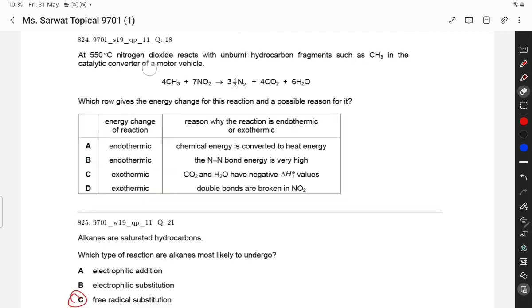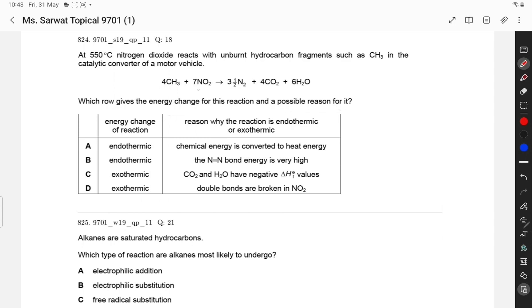At 550 degrees centigrade, nitrogen dioxide reacts with the unburnt hydrocarbon fragments such as CH3 in the catalytic converter of a motor vehicle. Which row gives the energy change for this reaction and a possible reason for it?